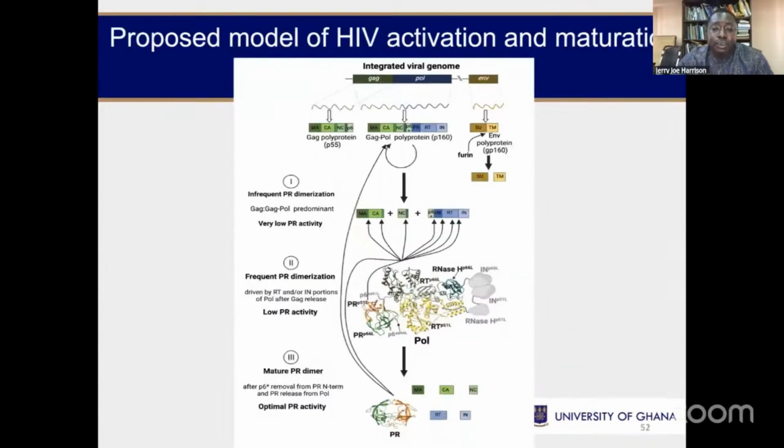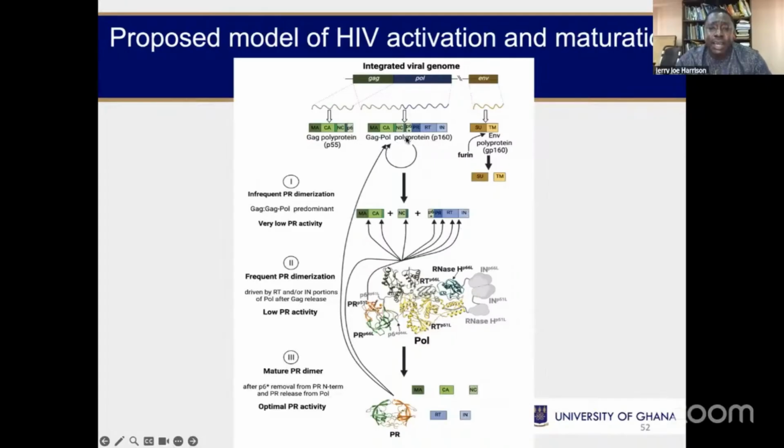And so based on all these, we propose a model where in the Gag-Pol, there is some kind of difficulty because of all the various elements that have to come together to get a protease to form a dimer. And so that initial dimerization is very sluggish. But once that dimerization happens, there is an intramolecular cleavage of the Gag-Pol between the NC and the transframe region.